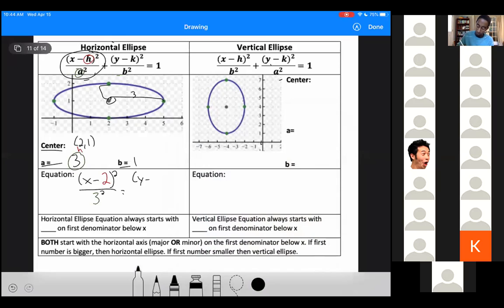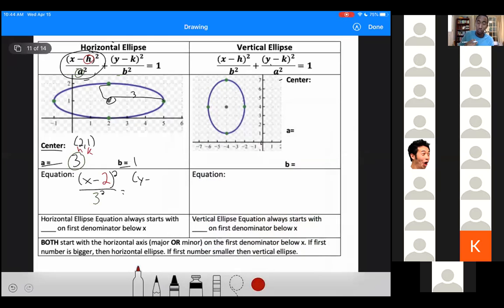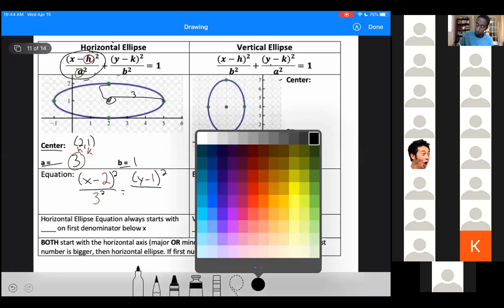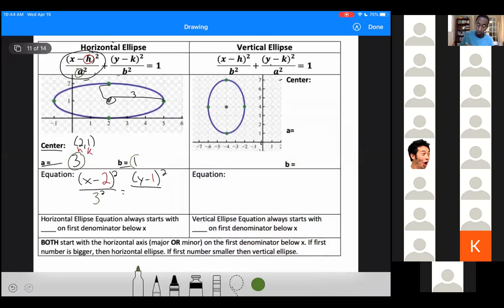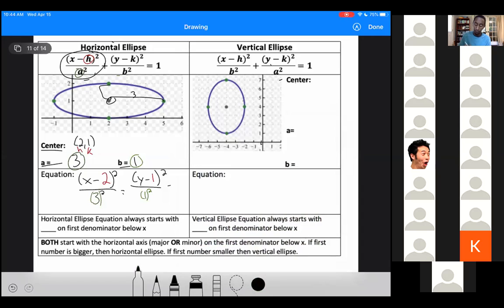And there'll be Y minus K, which is the Y of the center. So Y minus 1. And then over B, which is 1 squared. Okay, equals 1. It's important that you put equals 1 because otherwise it's not an equation, it's an expression.